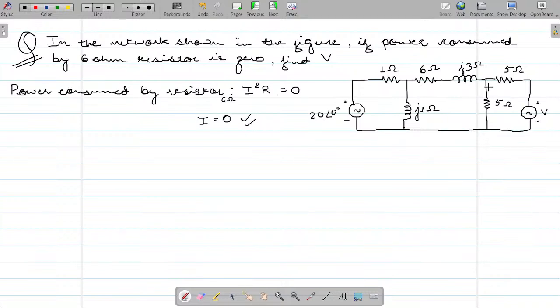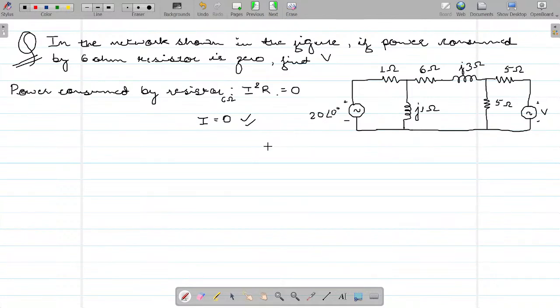What could possibly be the reason? It is not an open circuit, and we can say definitely, without doubt, that the current in this branch is zero, because that is what is given in the question.